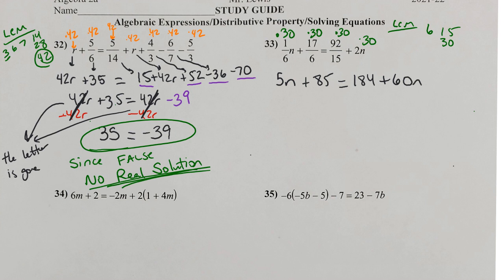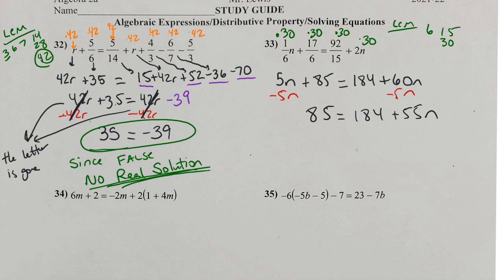Now I'm going to put my n's on the same side. So I'm going to minus 5n from both sides. So I have 85 equals 184 plus 55n.